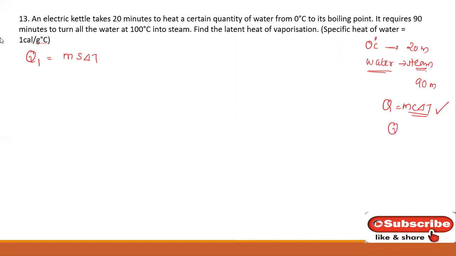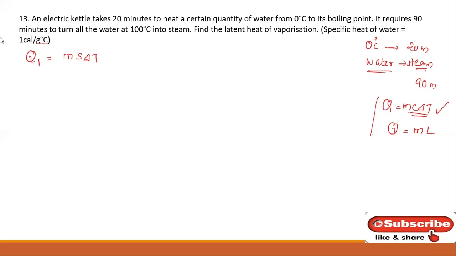If the temperature is not changing and only the phase is changing, then we use the ML formula, where L is the latent heat. If ice is converting to water, then it is the latent heat of fusion. If water is converting to vapor, then L is the latent heat of vaporization.